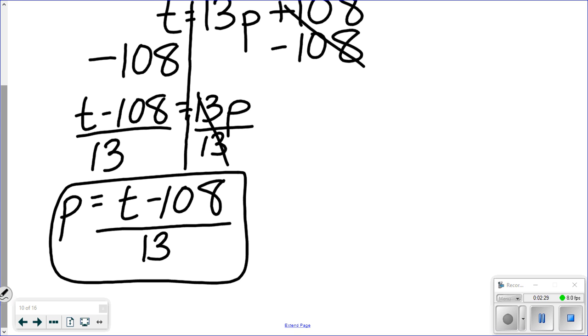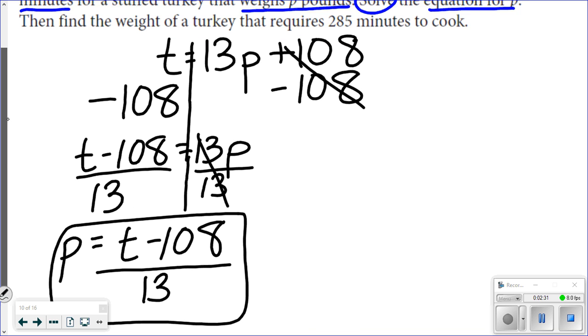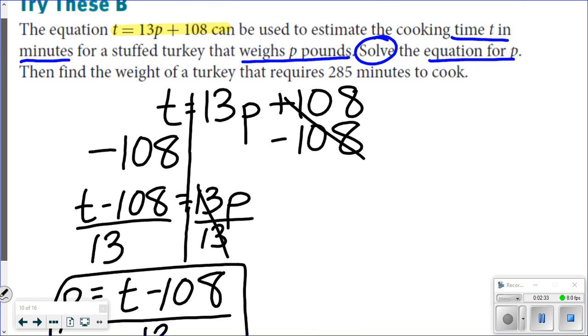Now, we're not done with the question, so if we go back up and look, it says, then find the weight. What variable was weight? It was P. So we're going to solve for P. We're going to find P of a turkey that requires 285 minutes to cook.